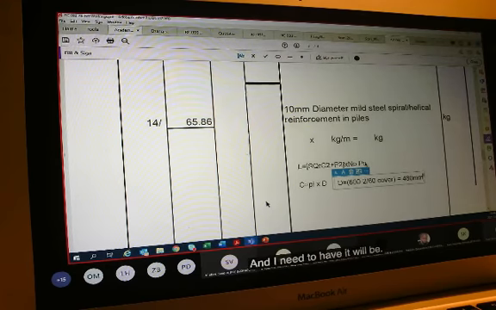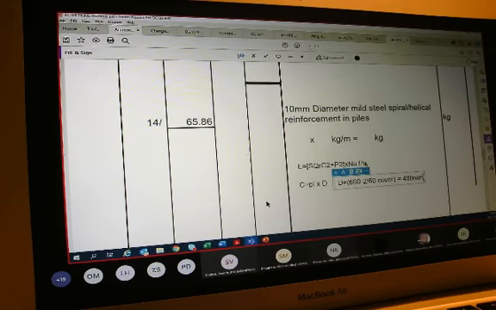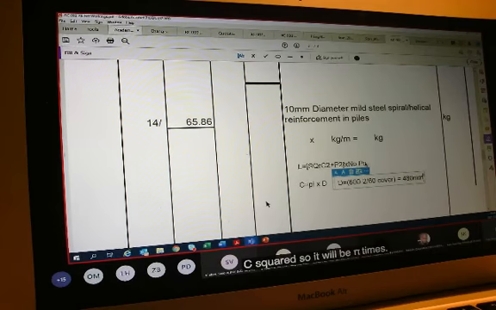So I have my cover, and I have taken my cover off. So my diameter now is 480 millimeters. So I can calculate this by saying pi times my diameter.